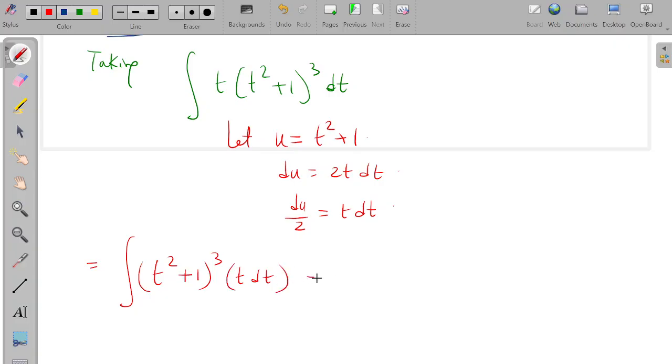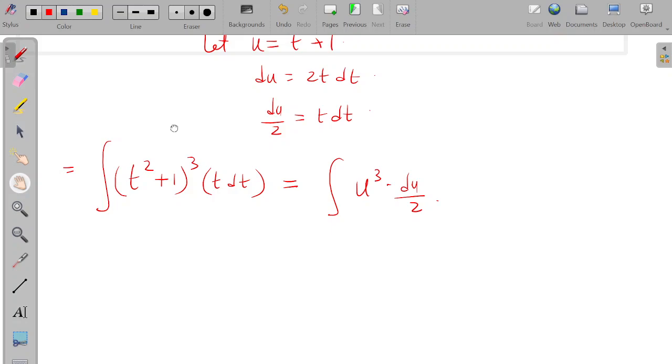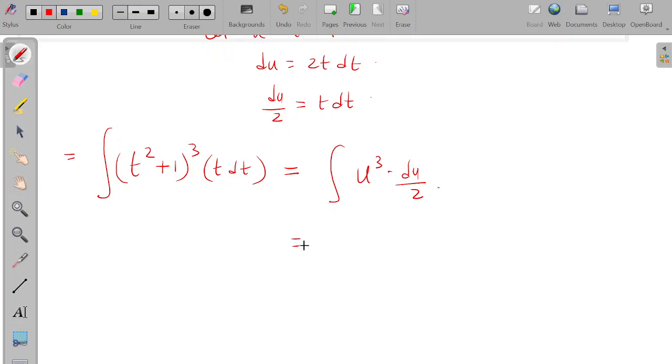Then I can change it into u raised to power 3, and this becomes du over 2. This is the same thing as 1 over 2 times u cubed du. If I integrate this, it will be 1 over 2 multiplied by u raised to power 4 over 4 plus c, because we are dealing with an indefinite integral. I can add plus c there.